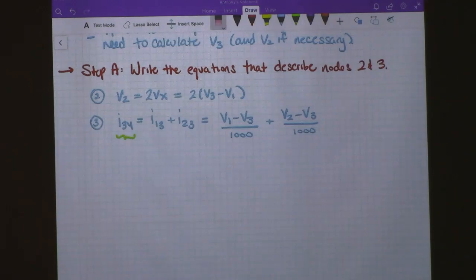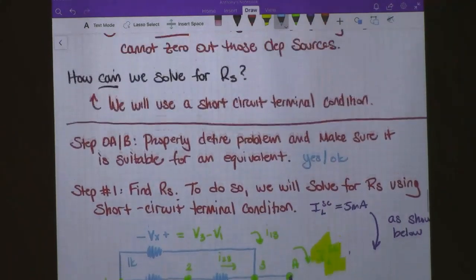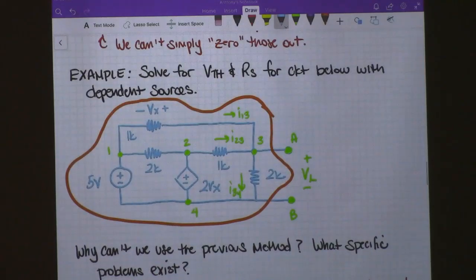So I'm going to put this all on one side of the equation. I'm going to make this minus minus equals. And then what we have is (V3 minus V4) over, what's that? 2,000.